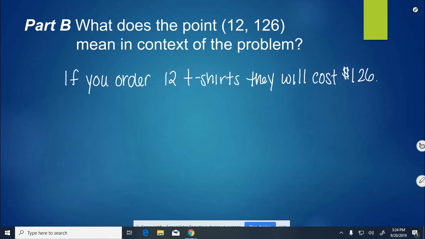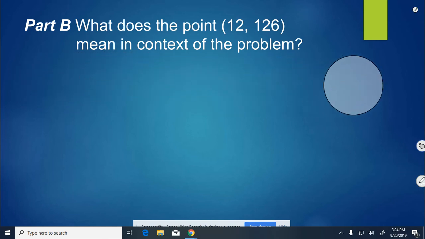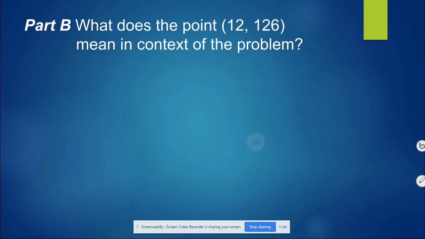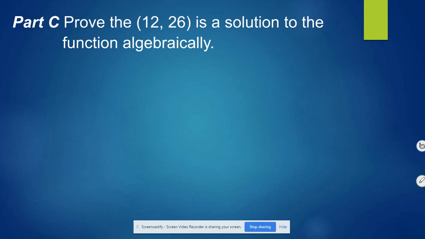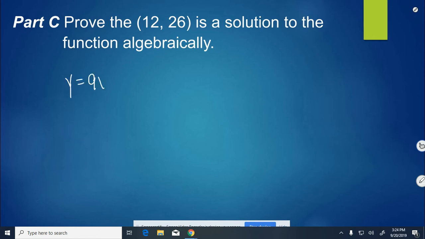All right, let's take a look where that brings us to. Now we want to prove that that point is a solution and would fit on our graph. Again, our equation is y equals 9x plus 18. So we plug in the 12 for x and the 126 for y.